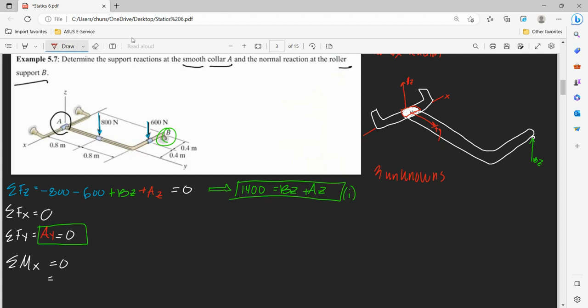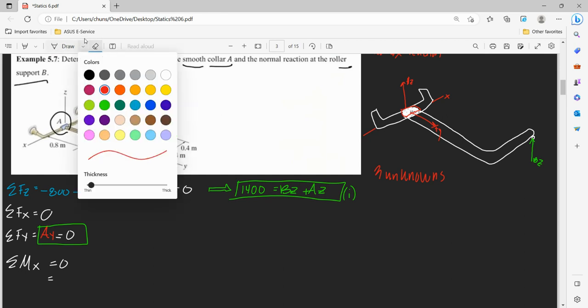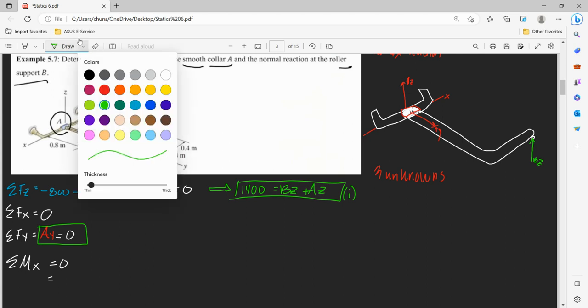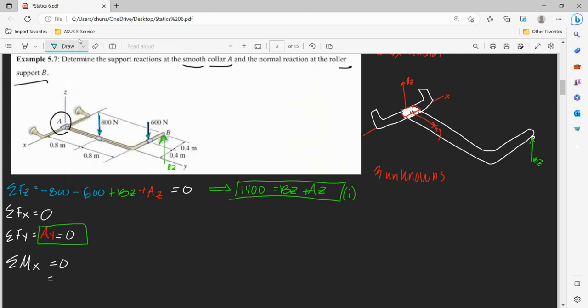But the ones that we can include are going to be Bz and our 800 and 600 Newton forces, external forces. And we just want to measure, since they are on the same plane, the y distance to our x-axis.